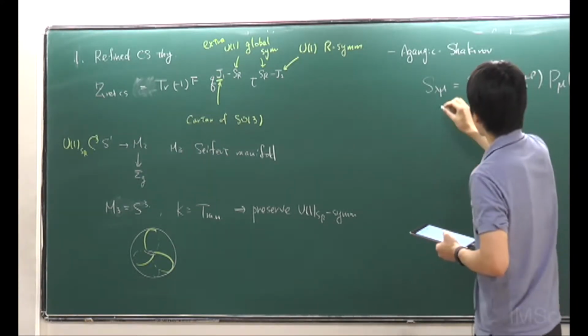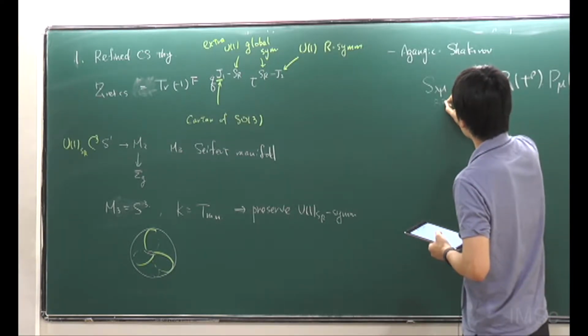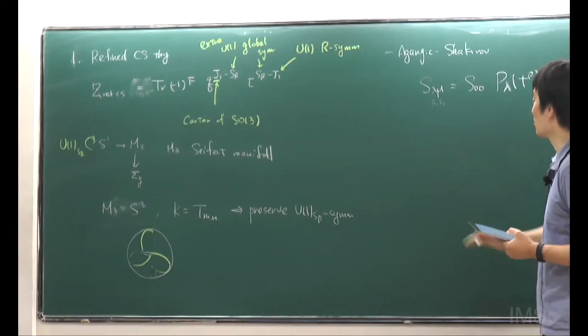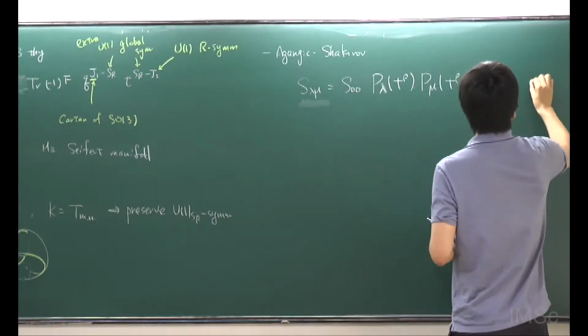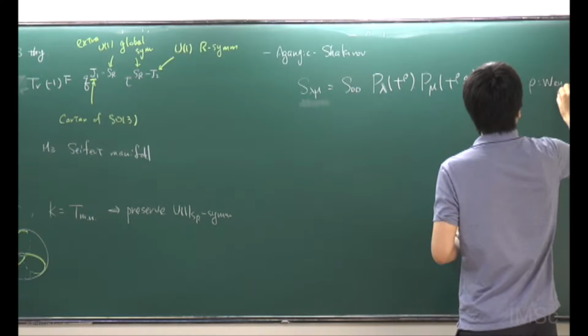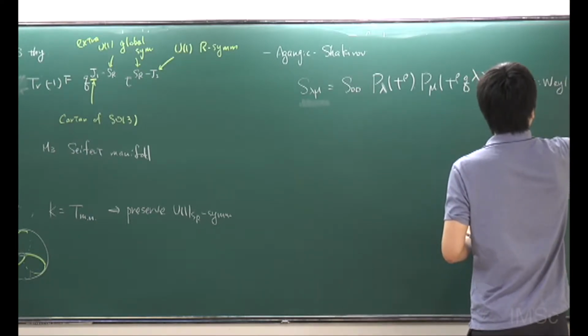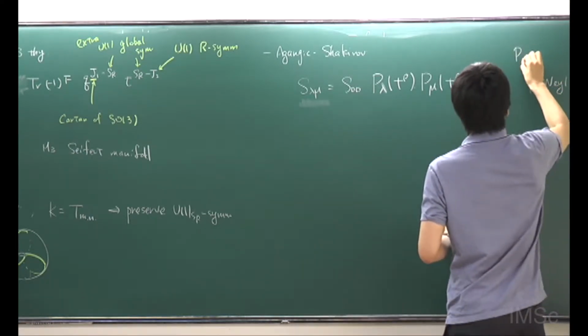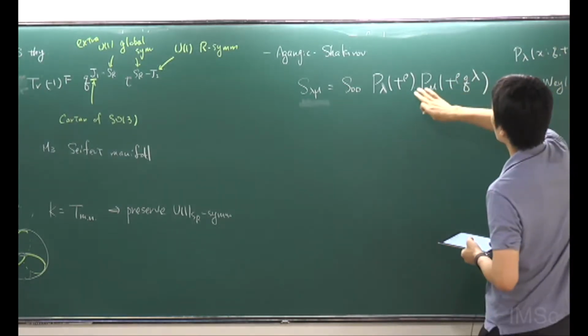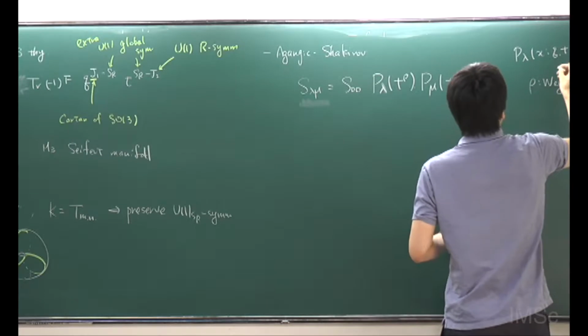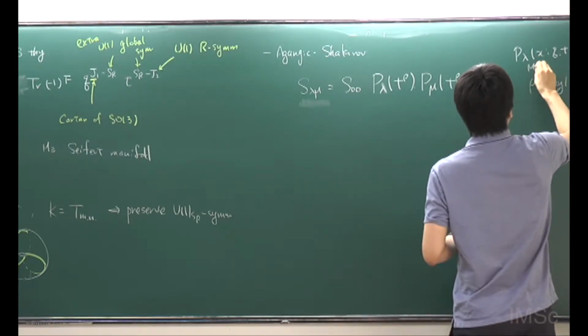I think last time I used R1 and R2, so let me change the notation. And rho is the Weyl vector, and P_lambda(x; q, t) is the Macdonald function. I just want to suppress q and t here.